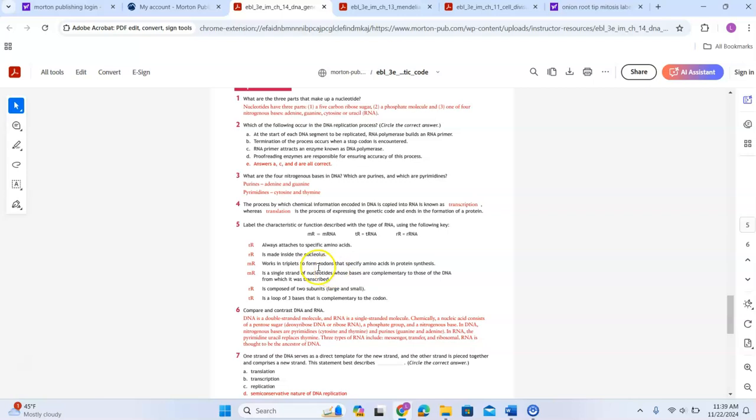The one that works in triplet codes or triplets to form codons that code for specific amino acids, that would be the messenger RNA. A single strand of nucleotides whose bases are complementary to the DNA from which it was transcribed, that is messenger RNA. 2 subunits, that's rRNA, and then 3 bases that are complementary to the codon. We call them the anticodon. That would be tRNA.